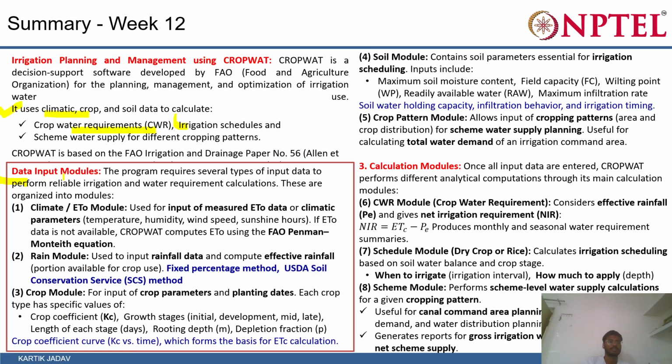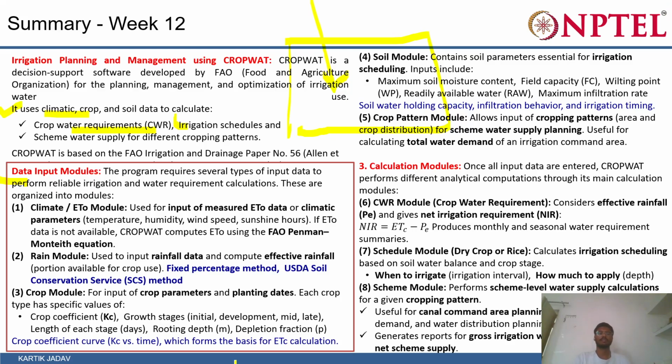Data input modules. This program generally requires several types of input data to perform reliable irrigation and water requirement calculation. So we are providing certain datasets, like climatic. First we have the climate module and runoff module.